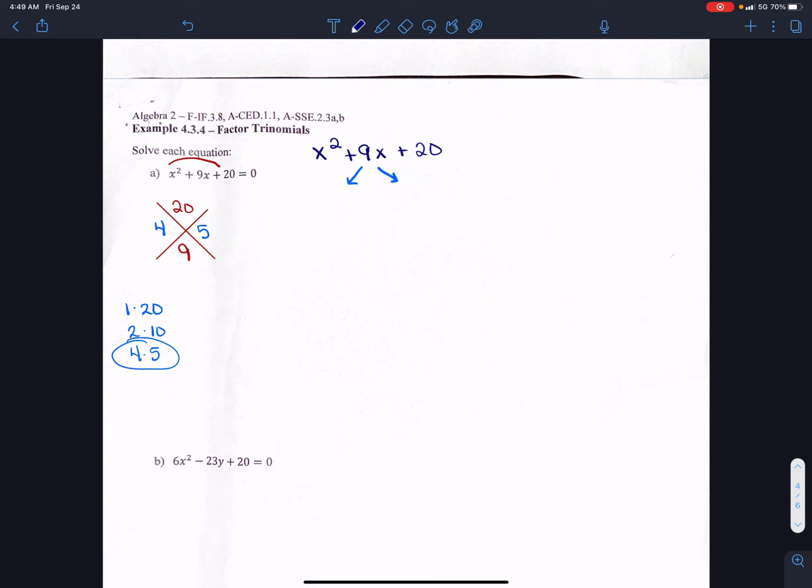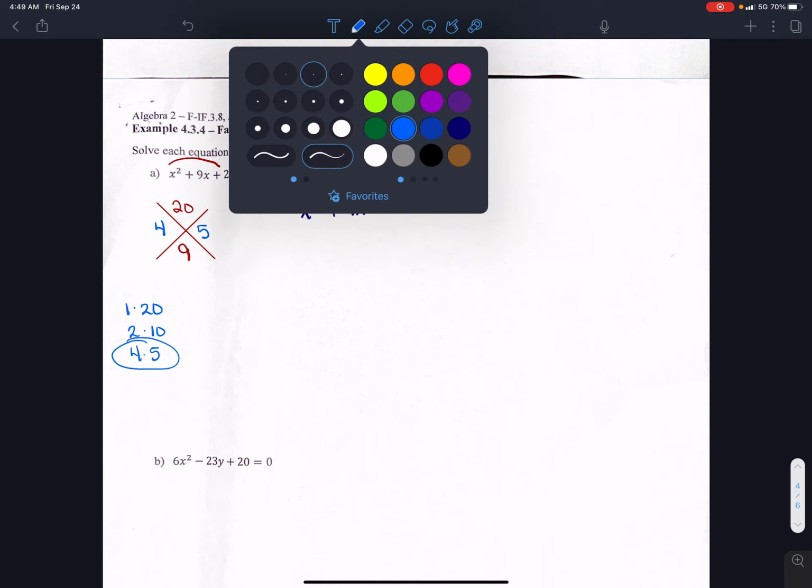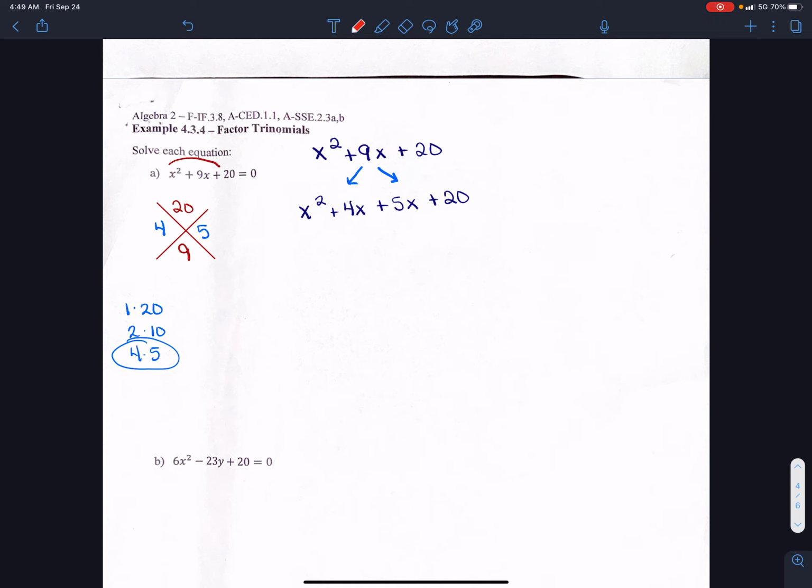So we're going to have x squared, our first term, and instead of 9x, we're going to have positive 4x and positive 5x, and then we're going to keep that last term, positive 20. So what we've done is we've factored 9x. We're breaking that apart into 4x plus 5x. So usually we combine like terms. We would say 4x plus 5x equals 9x. Now we're undoing that. We're breaking that into 2 other terms.